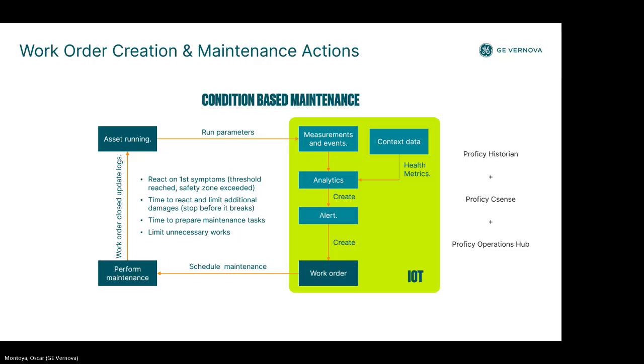This could then be integrated with other OT systems that you have, but at least with your Proficy portfolio, you're able to get your data consolidated in one specific location, then add advanced analytics, and finally create visualizations to complete the work order process.